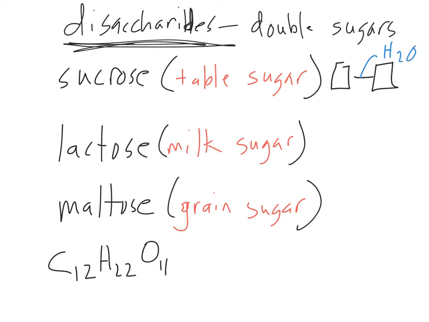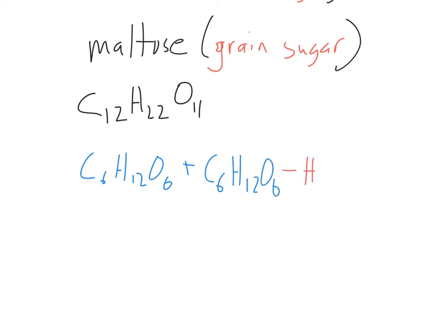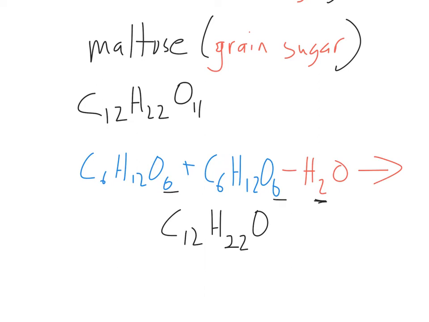Water. So if we added them together, it'd be C6H12O6 plus C6H12O6 minus 1 molecule of water is going to yield C12H. 12 plus 12 is 24 minus how many? 2. So H22, and then O, you got 6 plus 6 is what? 12 minus 1 is O11. That's how you get that.